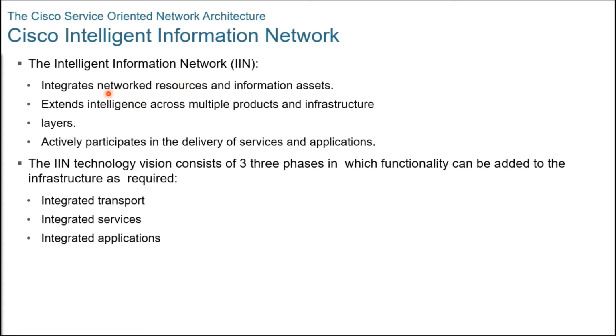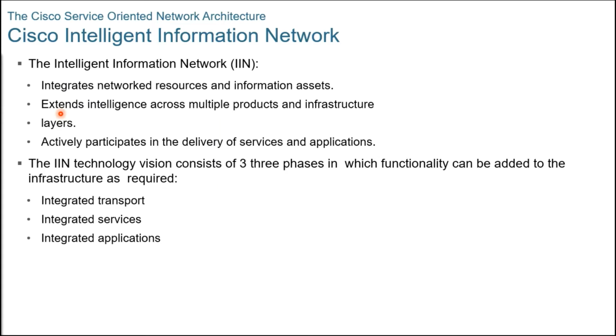This vision encompasses the following features. Integration of network resources and information assets that have been largely unlinked. The modern converged network with integrated voice, video, and data requires that IT departments and other departments traditionally responsible for other technologies more closely link the IT infrastructure with the network. Also, intelligence across multiple products and infrastructure layers.